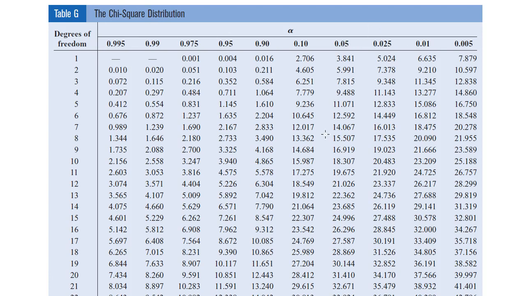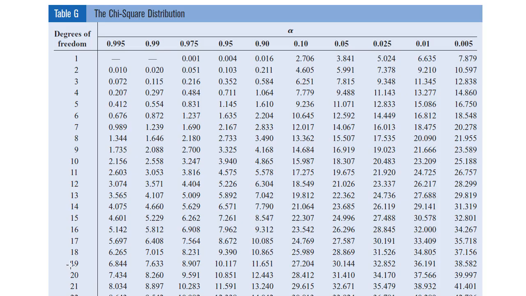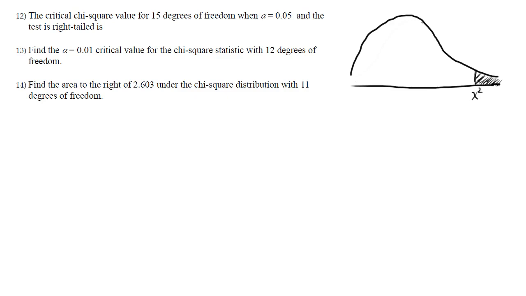So 0.05, 15 degrees of freedom here, 0.05, that looks like 24.996.